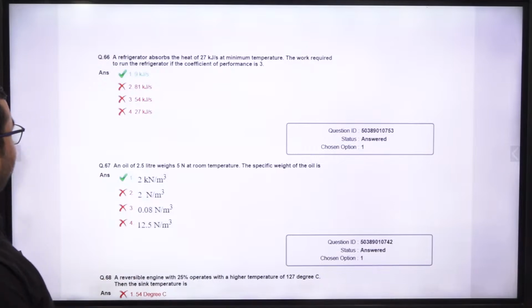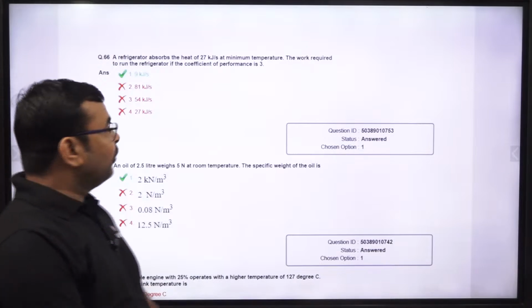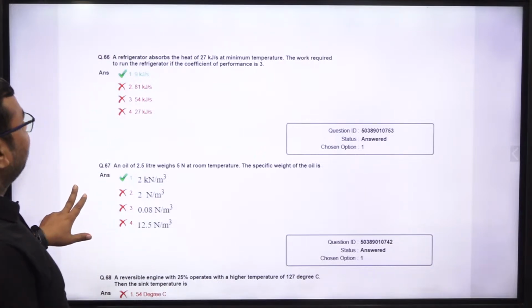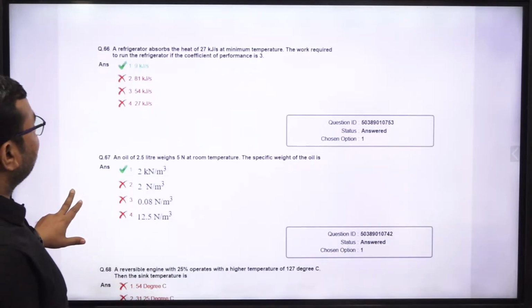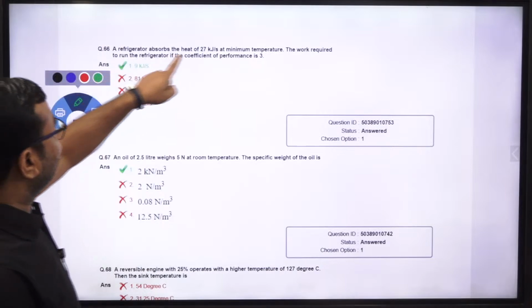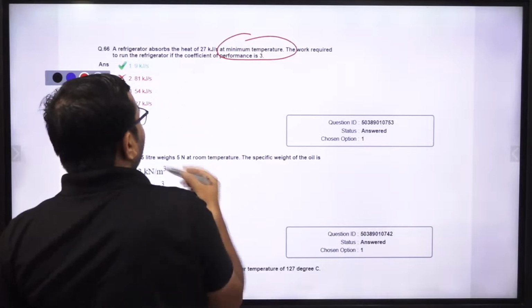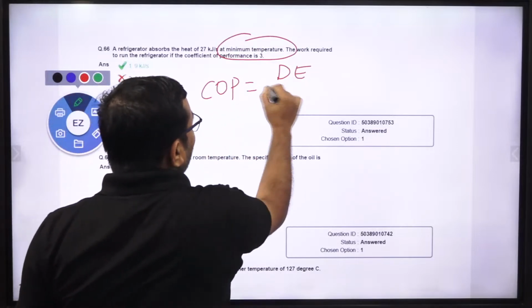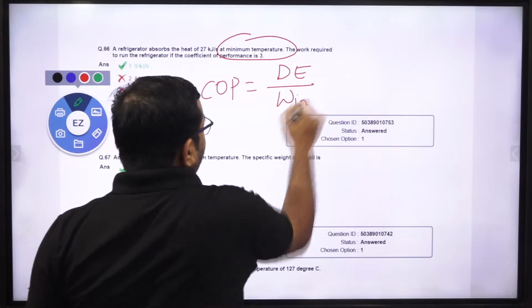Okay, let's see another question. A refrigerator absorbs heat of 27 kilojoule per second at a minimum temperature. The work required to run the refrigerator if the coefficient of performance is 3. So can I say COP is nothing but desired effect over work input required? Is it clear?